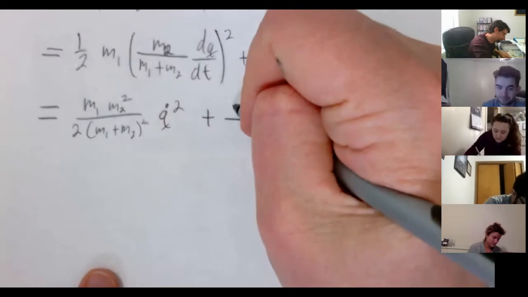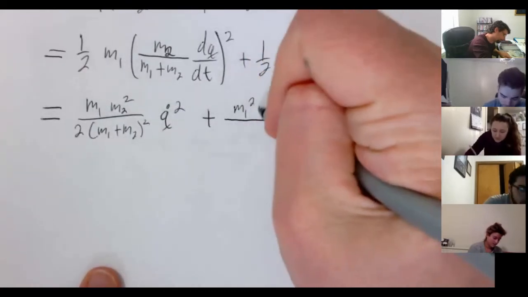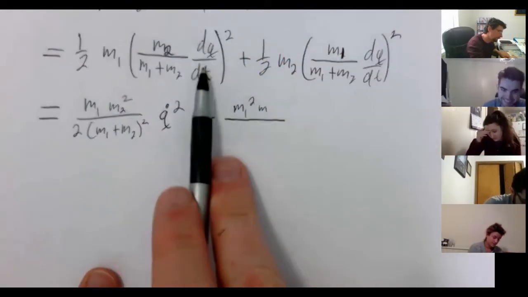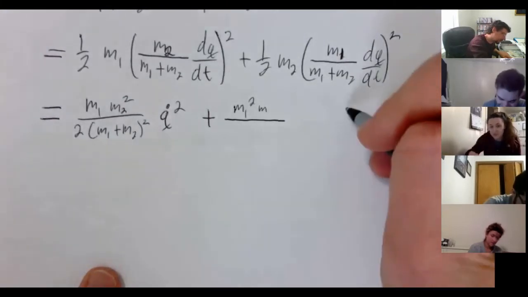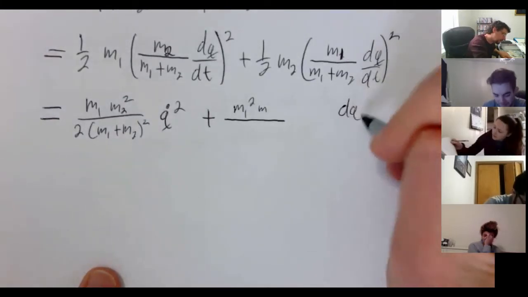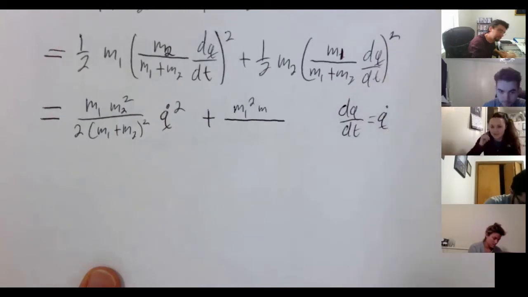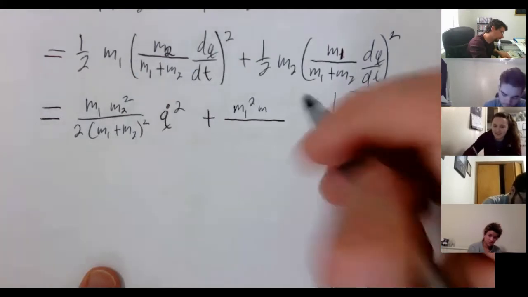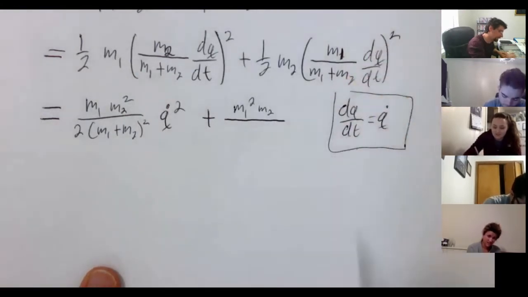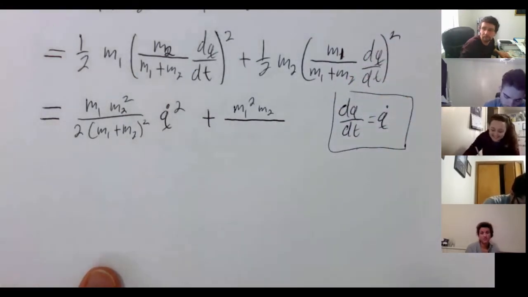Yep. Wait, what is this q dot? Oh, it's dq over dt. Yep. We're just making our lives easy that way. Is there another notation besides this dot? Because I keep thinking it's like a pen mark.